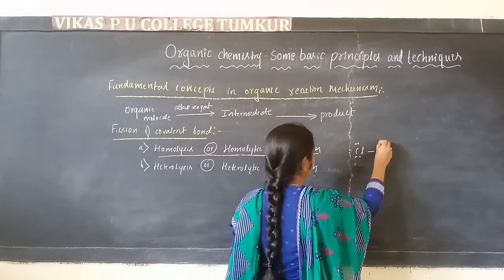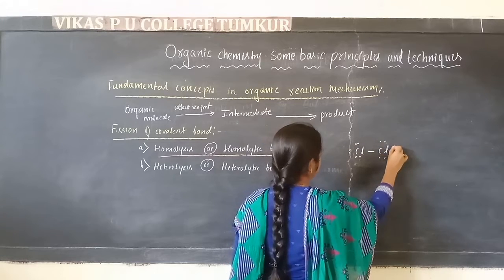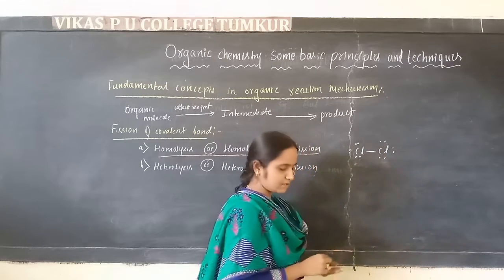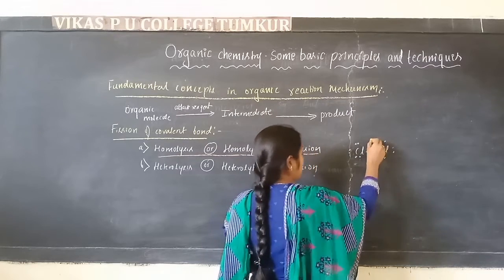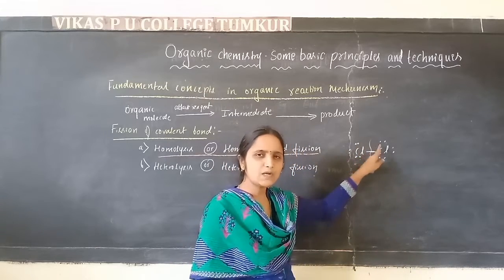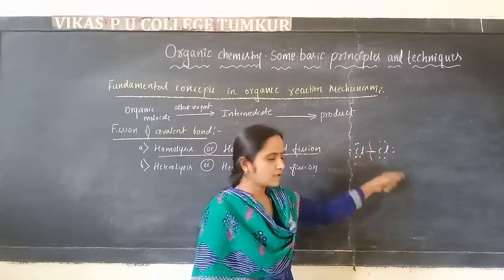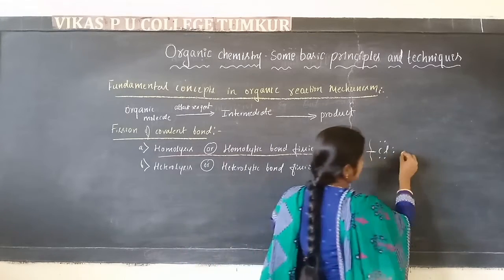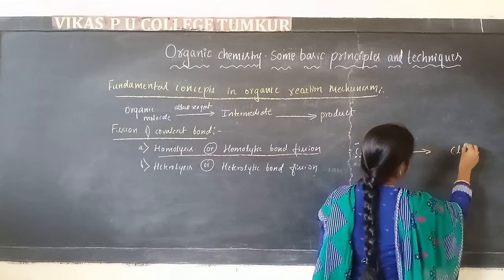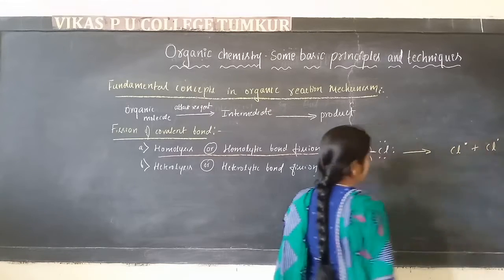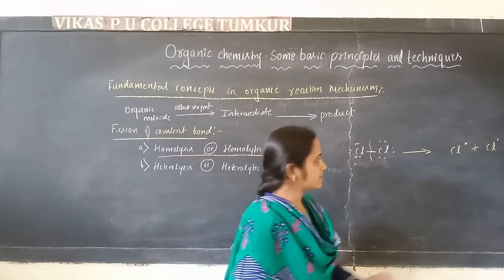The shared pair of electrons is equally distributed between both chlorine atoms. Chlorine free radicals are formed. This we call free radicals.